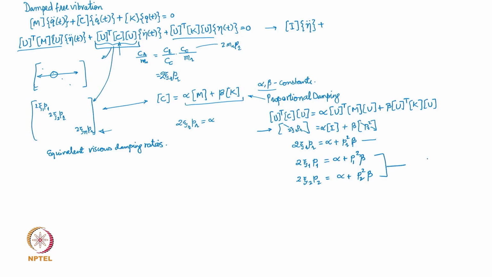Now, the two unknowns that I am trying to get, so that I define this matrix to be used later. So, what I use is some measured modal damping ratios. These zeta 1 and zeta 2 are the modal damping ratios in the first and second mode.